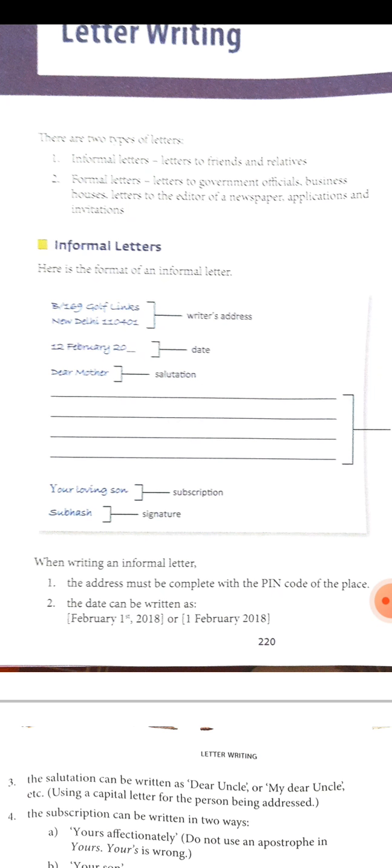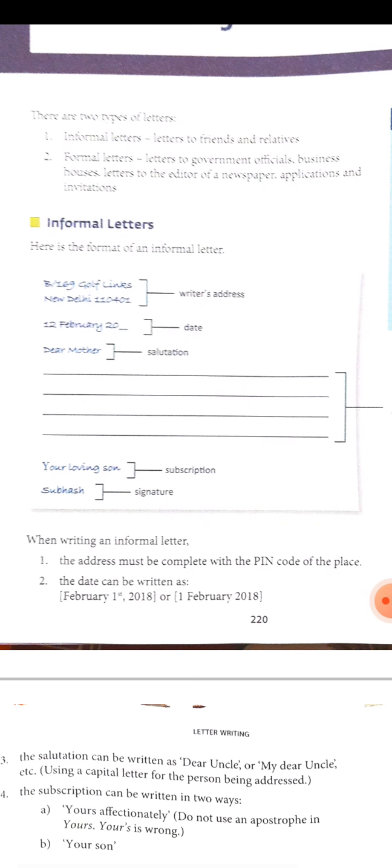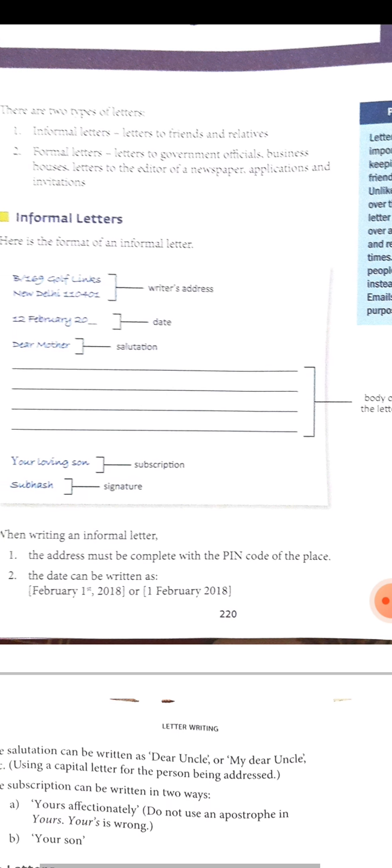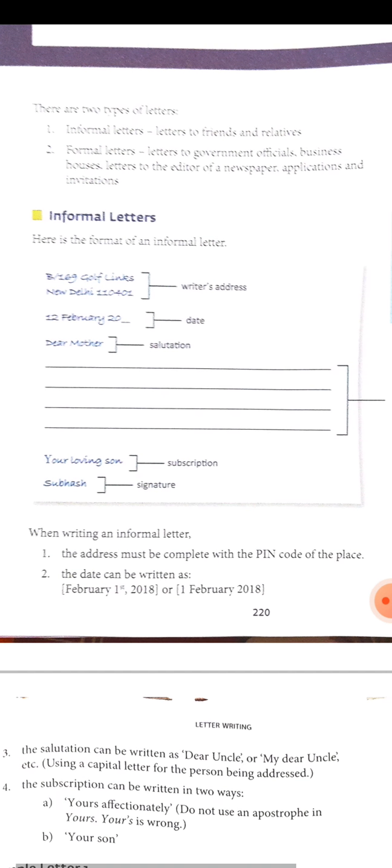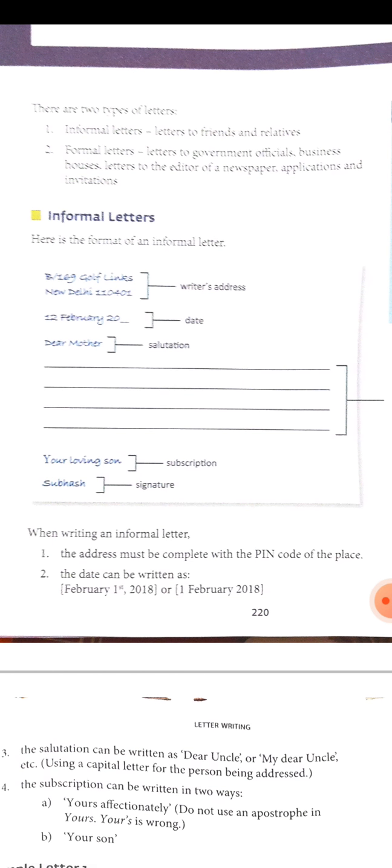salutation. You can write dear mother, dear friend. So you can write the salutation, how you will address the person to whom you're writing the letter. And the central part is the body of the letter. In the body of the letter you will write whatever you have to write, the main theme of your letter.